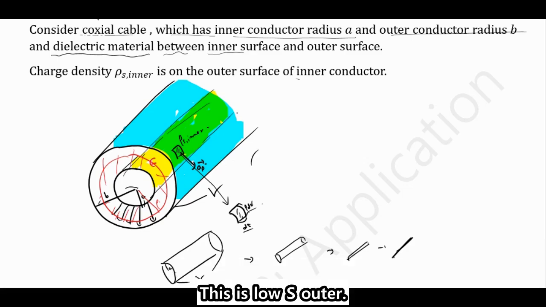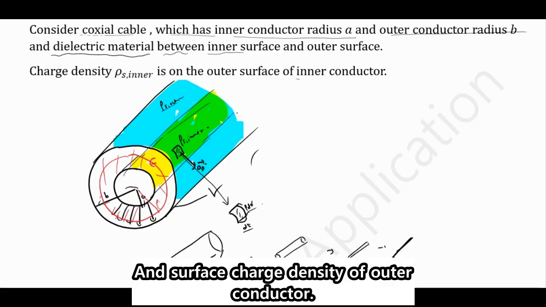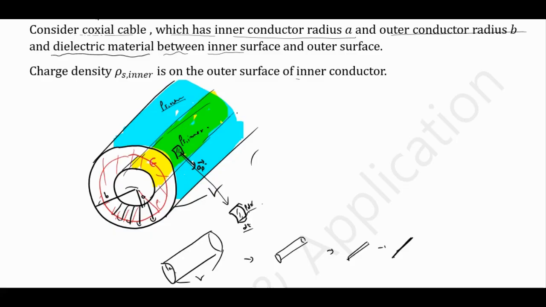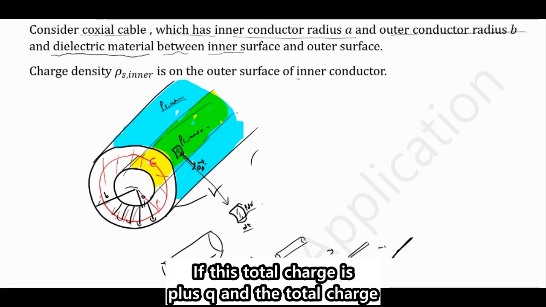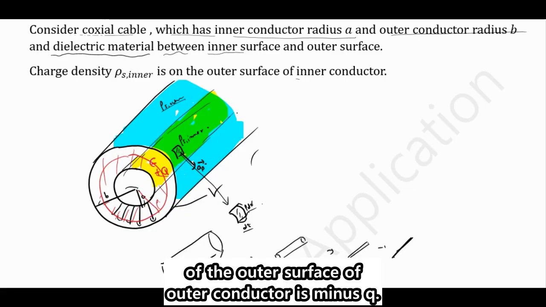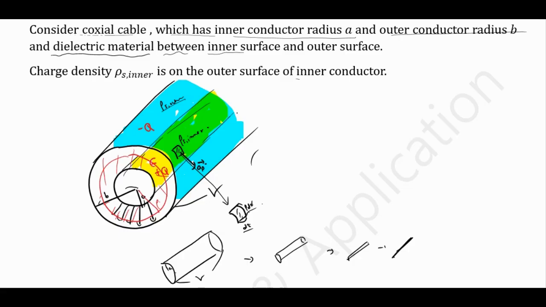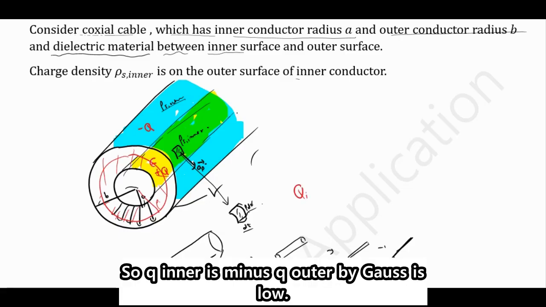This is rho s outer, the surface charge density of the outer conductor. If the total charge is plus Q, then the total charge of the outer surface of the outer conductor is minus Q, right? So Q inner is minus Q outer by Gauss's law.